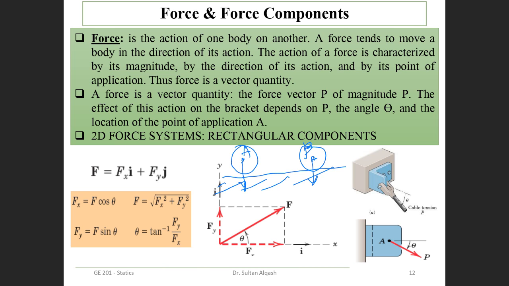Because they are not in physical contact. There is a gap here. So only the weight of B and the weight of A, which is due to the gravitational force, affects this. A acts on the ground, and similarly for particle B. Clear, guys?